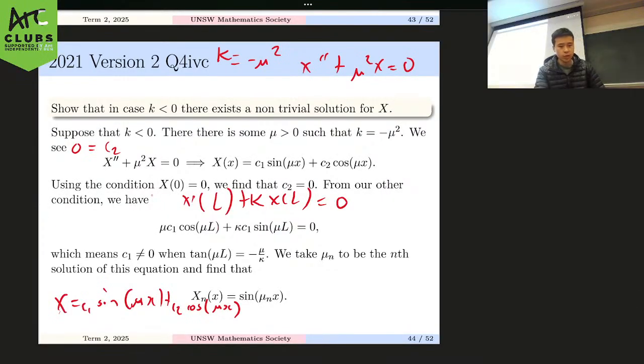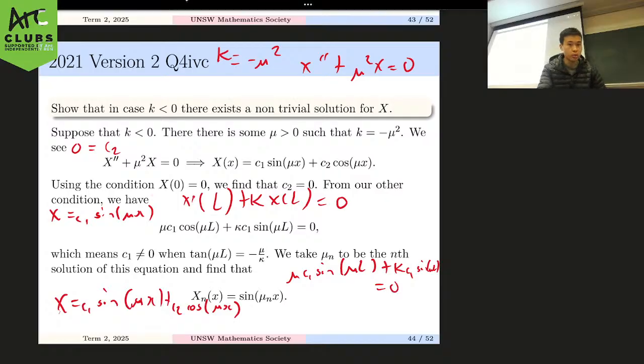At this point our solution just consists of C1 sine of mu x. We have no C2 to deal with. So when we're differentiating that, it's mu C1 sine of mu L plus k of x at L, so sub in L's fine. And then that thing has to go to 0. That should have been a cosine.